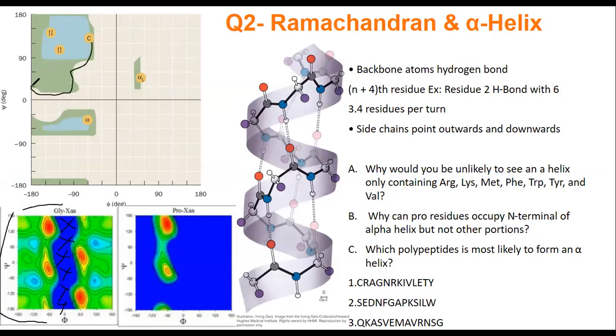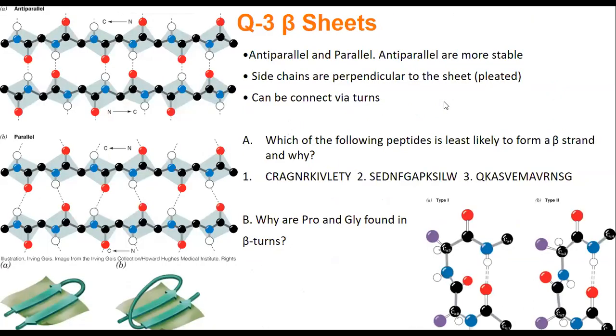Here, in these secondary structures, this is the majority of other amino acids, right? Other amino acids do have some flexibility, but on average, this is what other amino acids can do up here in these regions. So glycine has a lot more flexibility than other amino acids, allowing it to be in these tight turns, which aren't favorable to other amino acids. So glycine, because it's flexible, proline, because it can be in a cis peptide conformation. That's why we can find these amino acids in these tight turns.